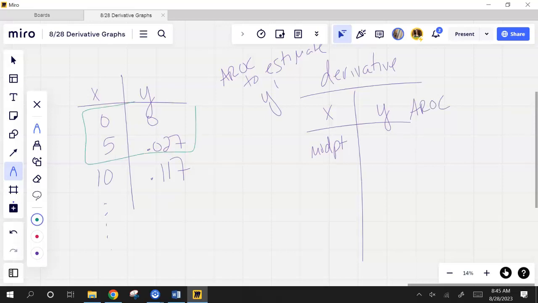If I take these 2 points first, the midpoint between 0 and 5 would be what? 2.5. Then I'm going to do the slope, because this is a discrete graph, so I want to go in the middle of them, and then find the slope between the two to estimate the derivative there.